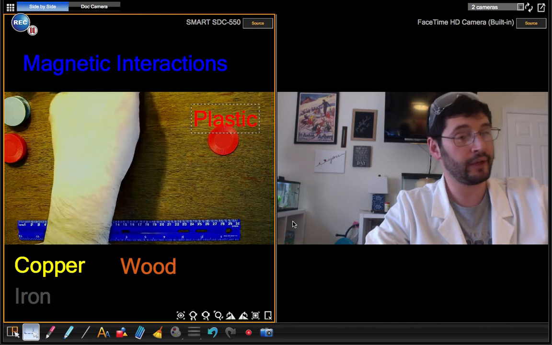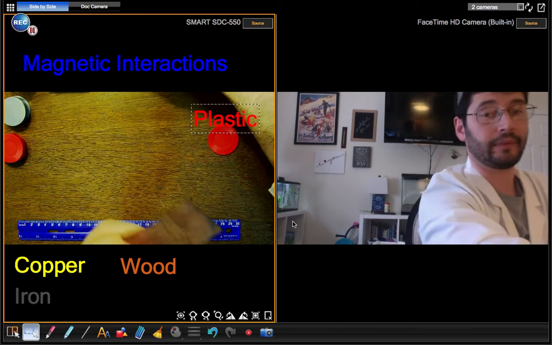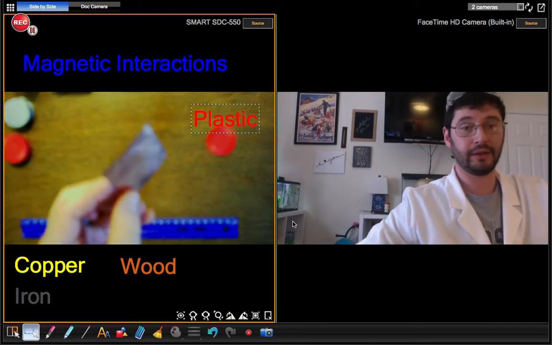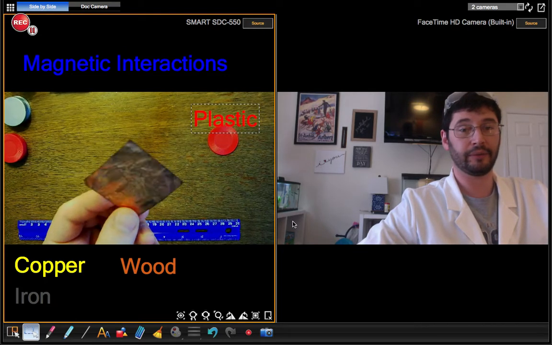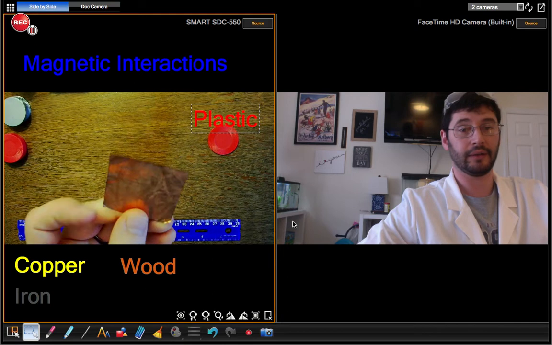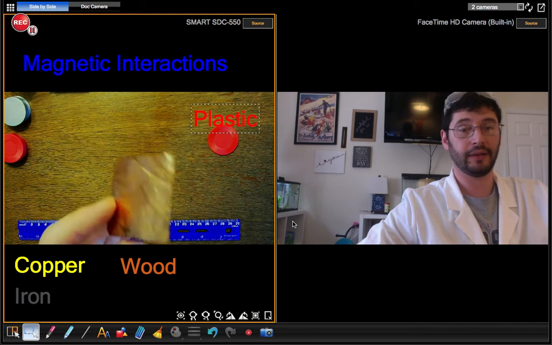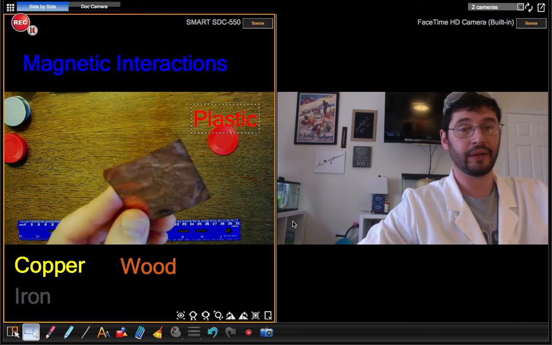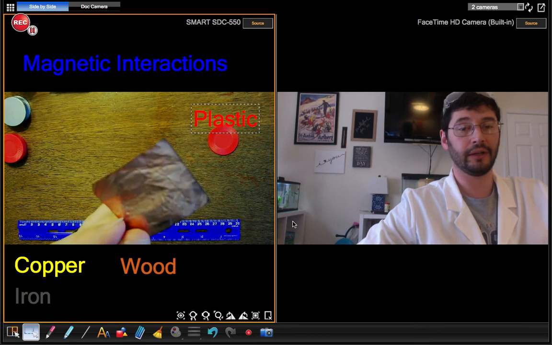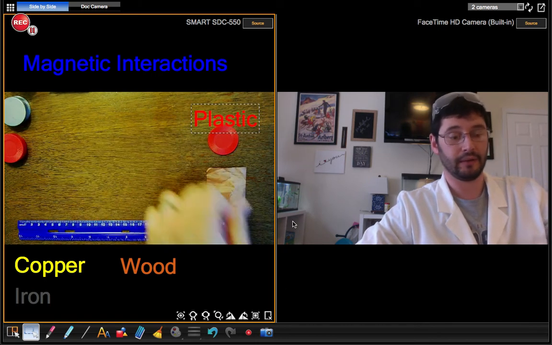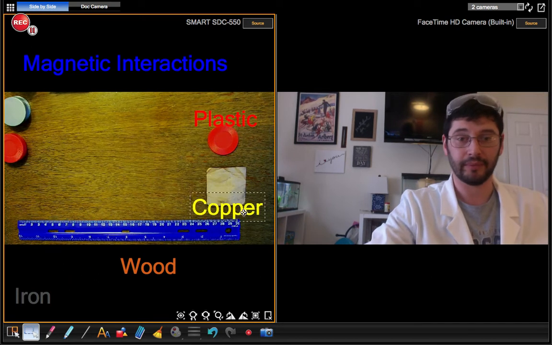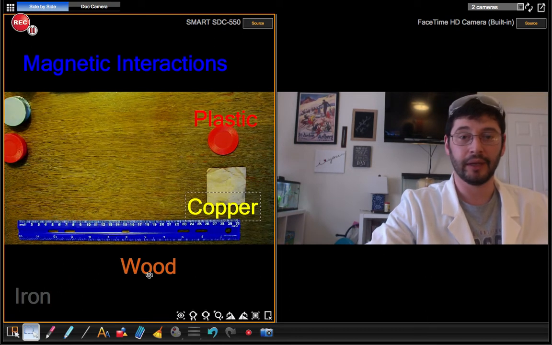And we have other materials as well. So we have this one right here. Let me see if I can zoom in or focus it. There we go. We have this interesting piece right here, and you can hear it and look at it. It's very shiny, and it has this rose color. This one is our copper.